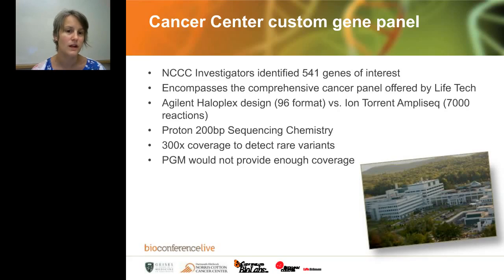And so we opted for the Agilent Haloplex technology. Again, we did this on the Ion Proton with 200 base pair sequencing. The plan was to get around 300x coverage to be able to detect rare variants, and for that we needed to use the Proton.